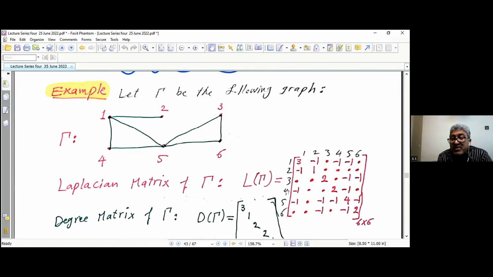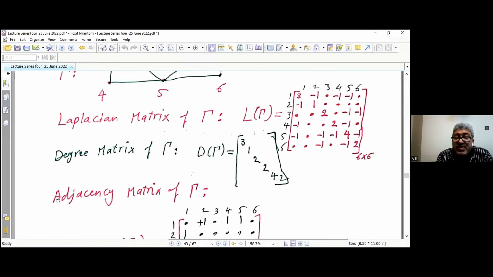Now for example, for 1, we have an edge between 4 and 1, so we have to put minus 1 here. Now, if you compute the degree matrix, we have 6 vertices, so it's a 6 times 6 diagonal matrix.